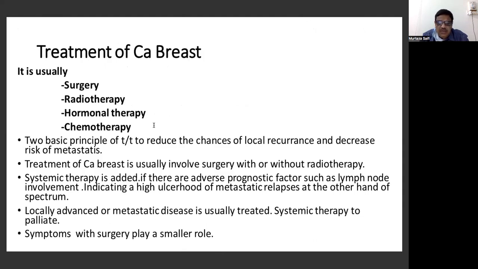Systemic therapy is added if there are adverse prognostic factors such as lymph node involvement, indicating a high risk of metastatic relapse. At the other end of the spectrum, locally advanced or metastatic disease is usually treated with systemic therapy to palliate symptoms, with surgery playing a smaller role.